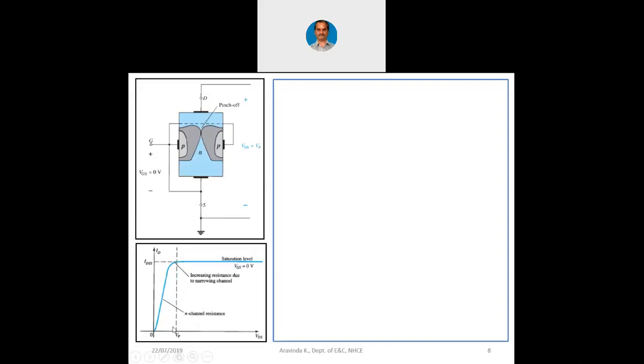Now whatever I have told, the VDS, when it is increasing until certain point of VDS, current keeps on increasing, because when V increases, I increases. V equals I into R. That R is constant here between drain and source. Now when this VDS reaches VP, between the drain to source, when the voltage reaches the pinch off voltage, that is when the depletion region touch, and when they touch, there will be no more channel existing.